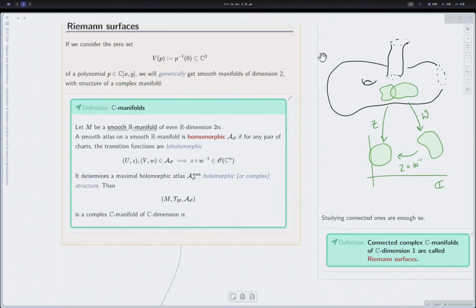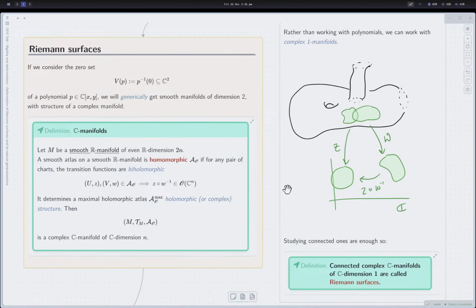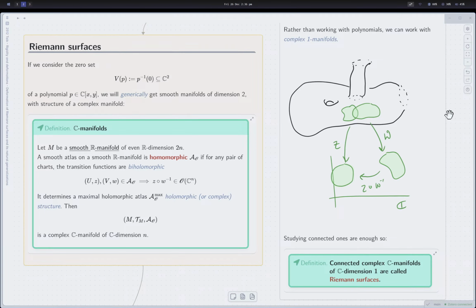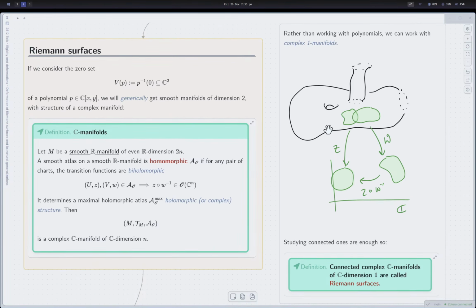So a biholomorphism of complex manifolds is a homeomorphism which is a holomorphic map, a continuous map, which says that if I bring it onto charts, going to another manifold like that, then that map from C to C, I'm talking about Riemann surfaces, the map from C1 to C1, will be holomorphic. So if that happens, then we call the continuous map between the Riemann surfaces holomorphic.